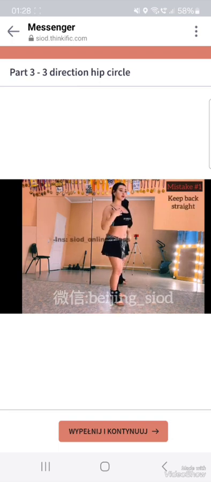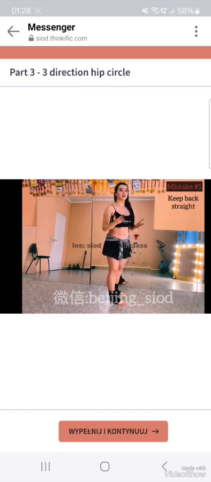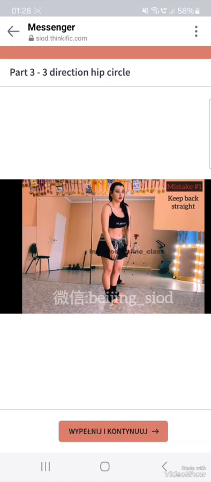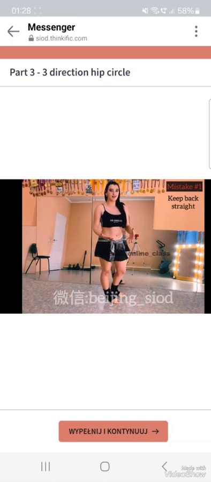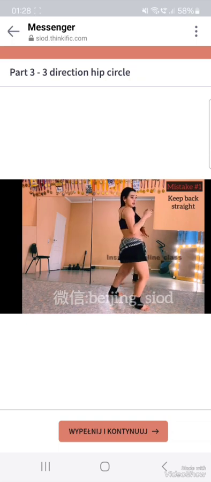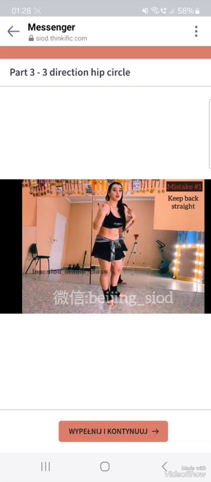Please train your back, because muscles in your back must be strong, not weak. If you have weak muscles in your back, you will walk like that in your normal life. And for girls it's not good, and not just for girls. So when you turn with hip circle, don't keep your back not straight.